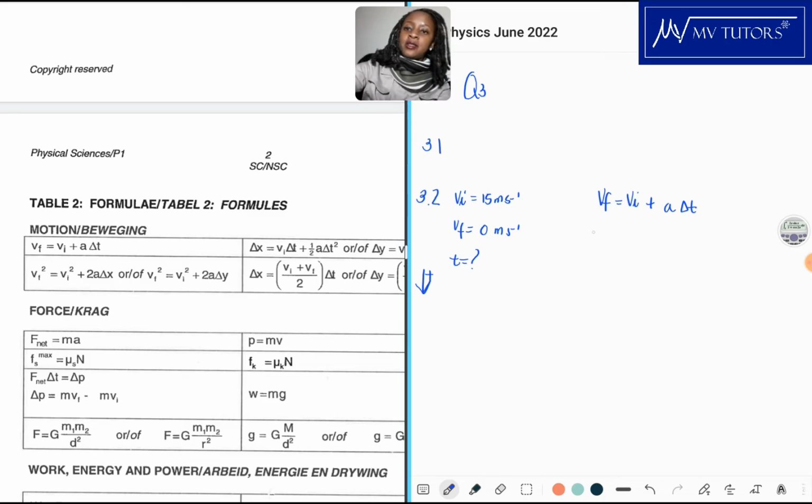So our final velocity is 0, and our initial velocity is 15. Remember, it goes up, so because we've taken downwards as positive, this will be negative 15. Then g will be positive, and our unknown is t, time.